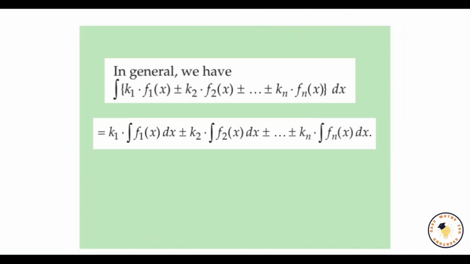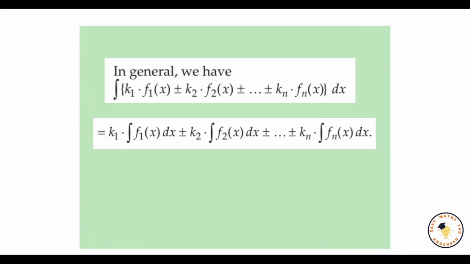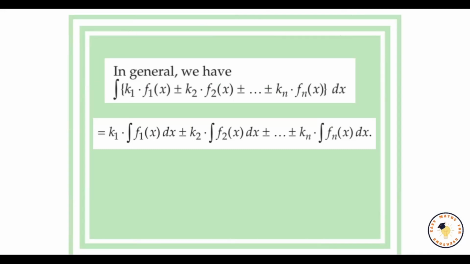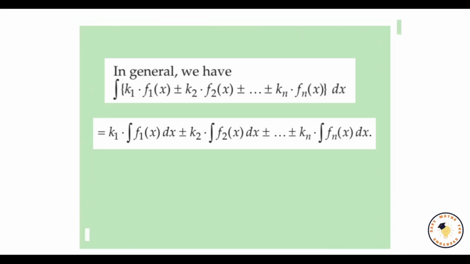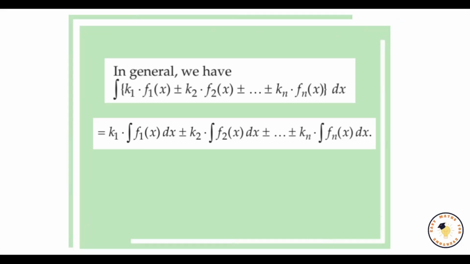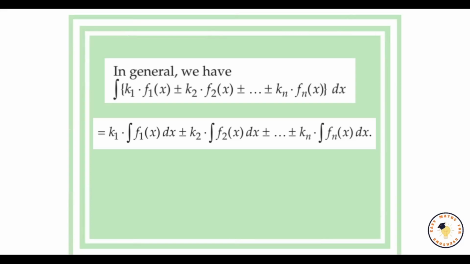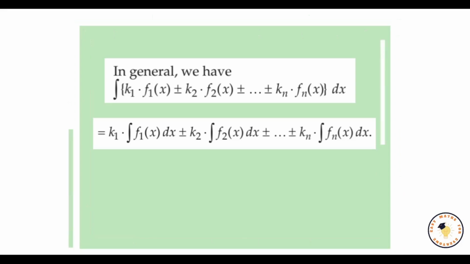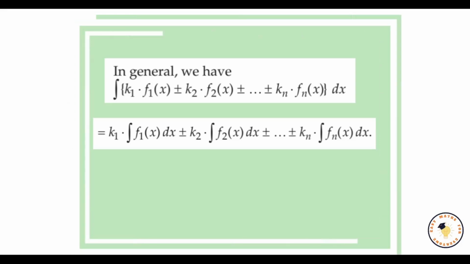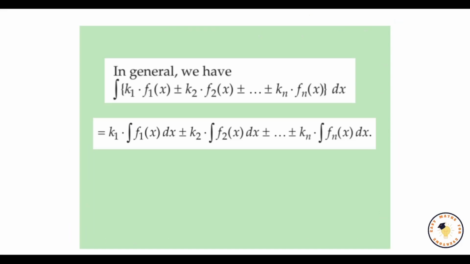Generally, we can write integral of k1 into f1 of x plus or minus k2 into f2 of x plus or minus etc. plus or minus kn into fn of x dx equal to k1 into integral f1 of x dx plus or minus k2 into integral f2 of x dx plus or minus etc. plus or minus kn into integral fn of x dx.